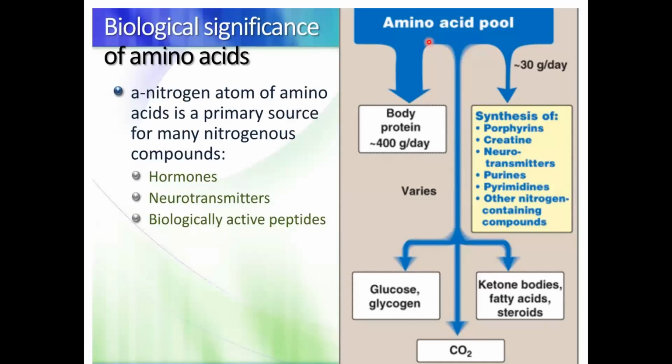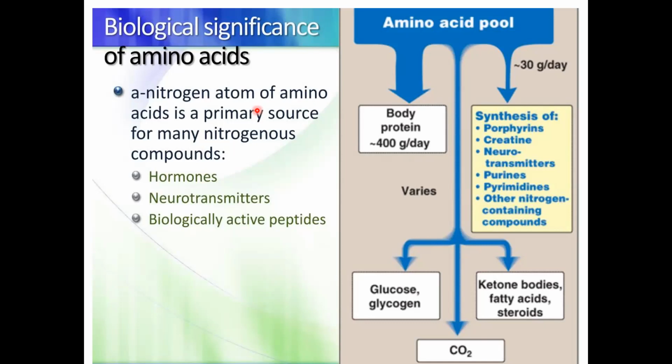So when we talk about it, two things are important. One is the biological significance of the amino acids, why they are important in our body, and what is an amino acid pool.